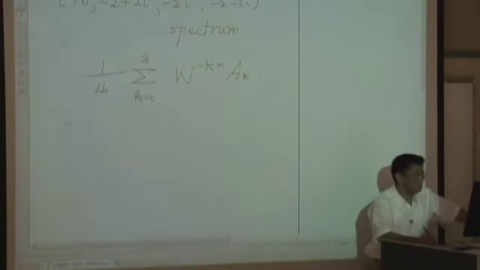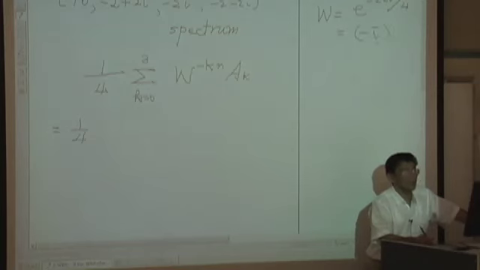Then it is 1/4, and then w, so I will write w to the power of something separately. W itself is given by e to the power of minus 2 pi i over 4, right? So w itself is calculated as minus i. Minus i is w.